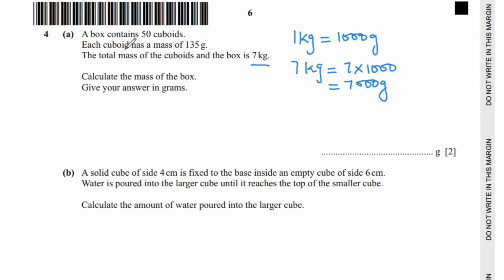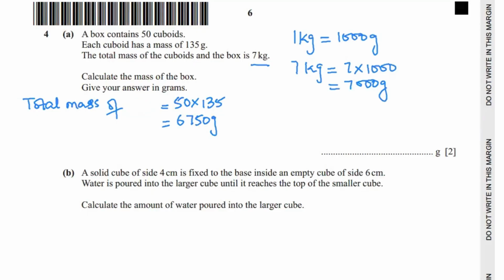So each cuboid has a mass of 135 grams. So 135 times 50 is 6,750 grams.